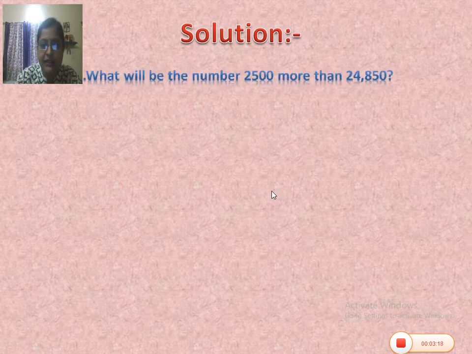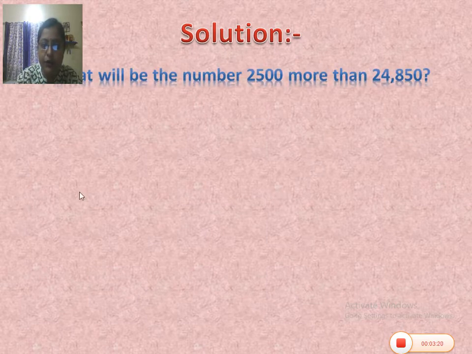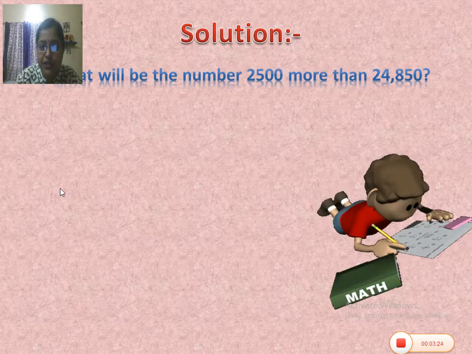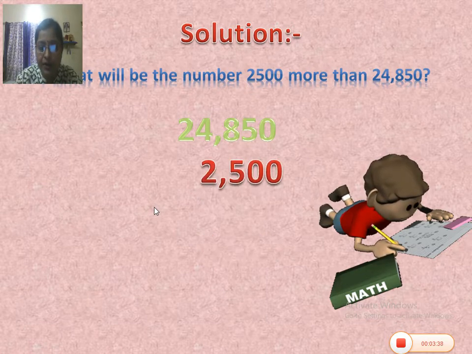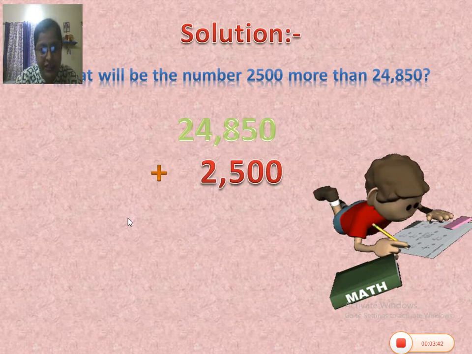So let's take the first question. We have already read what is the demand of the question, so now we should start solving it. We'll write the greater number first, that is 24,850. And we already know we have to find 2,500 more. So the action of more is always addition, isn't it?